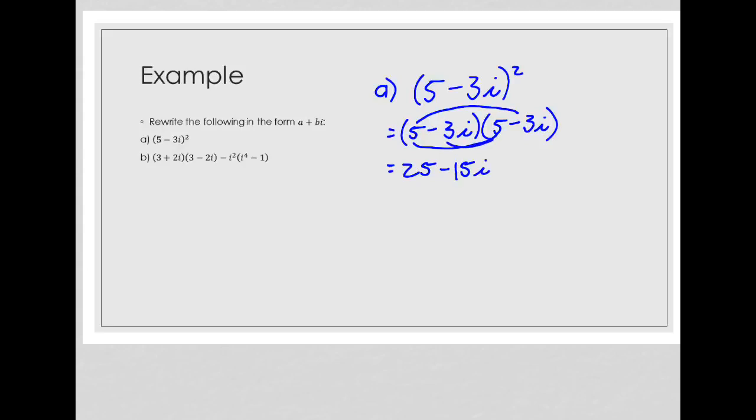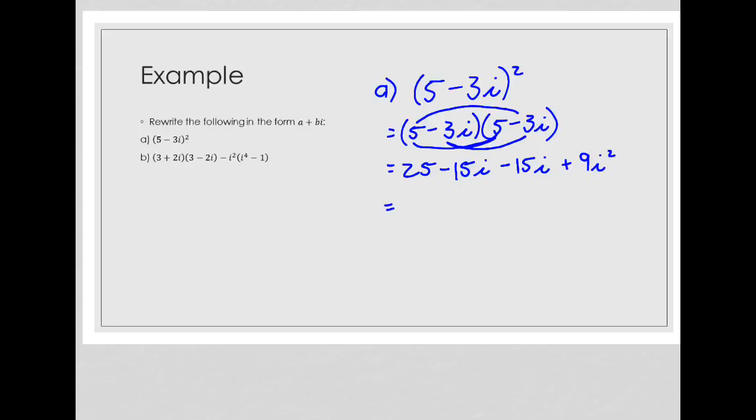Negative 3i times 5 is again negative 15i. And negative 3i times negative 3i is positive 9i squared.